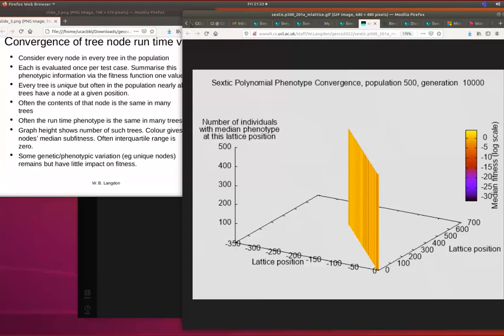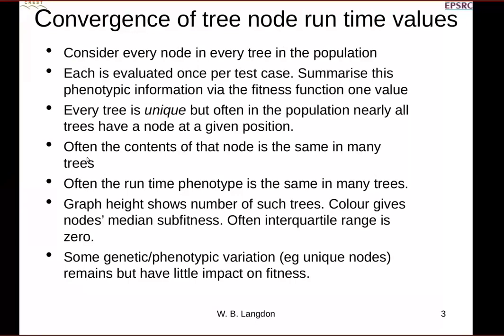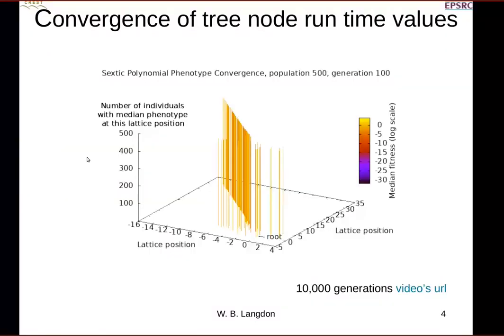Okay, so going back to the slides. Essentially, we've just seen an animation of that picture where the XY is the tree position, and the vertical is the degree of convergence in the population.